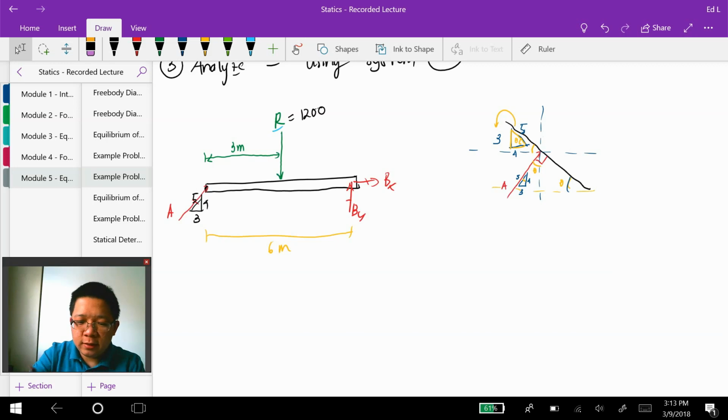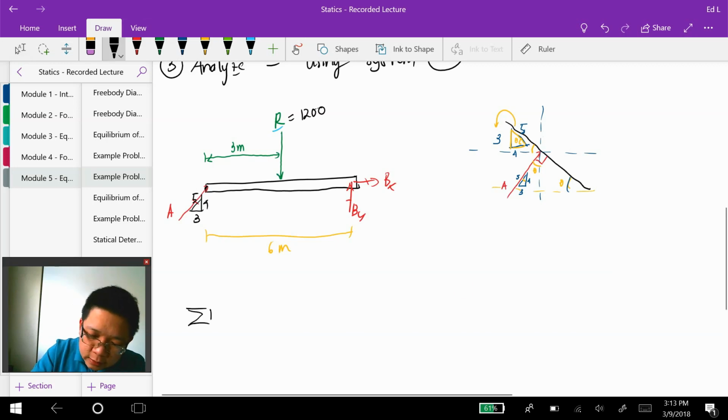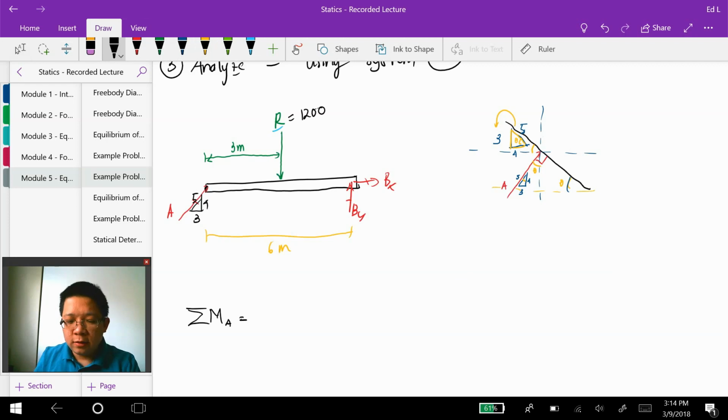So let's write the equilibrium equations. I will start with the sum of the moment at A. The reason I start with the sum of moment at A is that from experience I already know that when I take the sum of moment at A, only By and R have contribution. Since we already know R, we can calculate By right away.